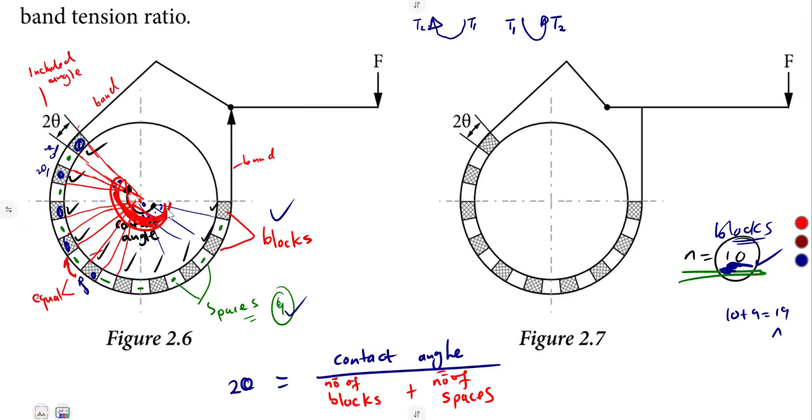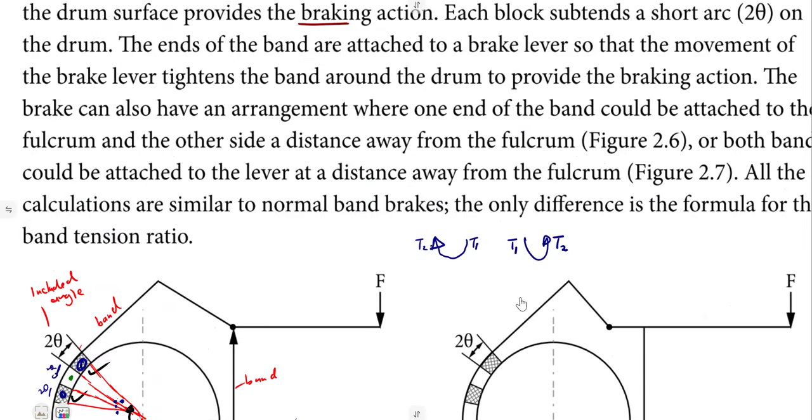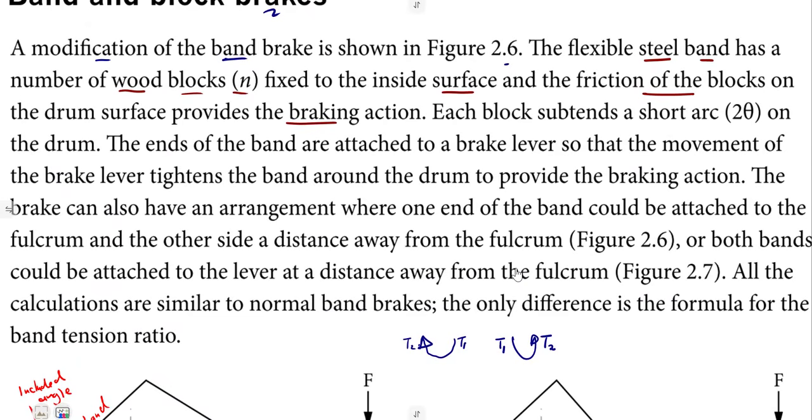The contact angle. They are all taken from the contact angle. So if they are of equal width, we must divide by those combined together, the blocks and the spaces. This is the concept. All right, let's go back here. We're going to talk about this in our next class. Let's go back to our theory as we have got here.